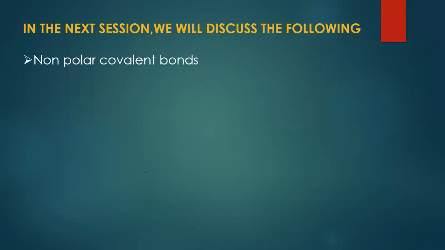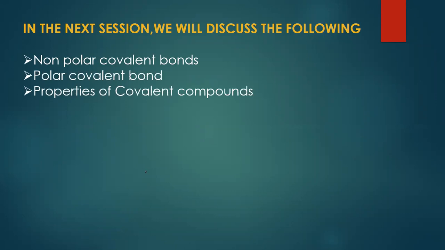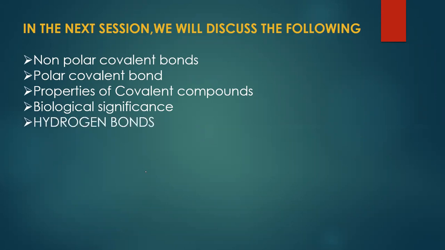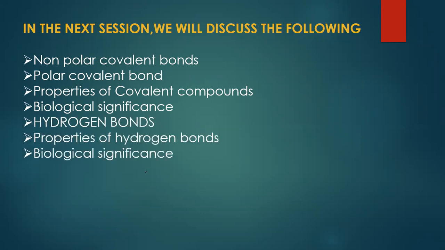So we'll look at first the non-polar covalent bonding, also look at the polar covalent bonding. Then apart from that, we look at the properties of covalent bonding. Then from there, we'll discuss the biological significance of covalent bonding. Then we'll also discuss the hydrogen bonds, the properties of hydrogen bonds, and the biological significance of hydrogen bonds.